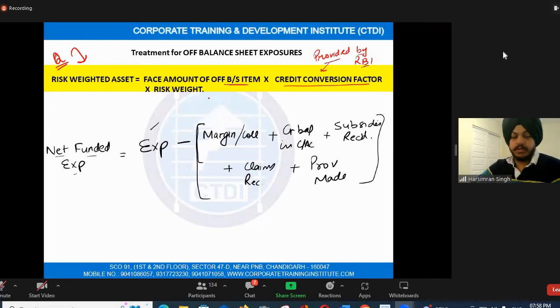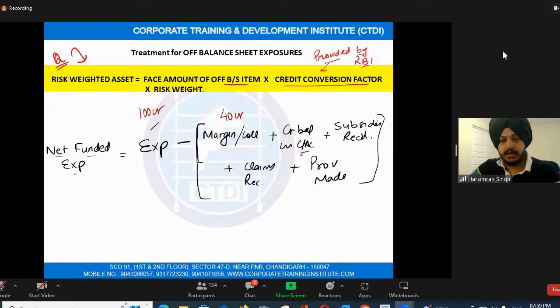Then, what is a net funded exposure? Let us say you have given a loan of 100 crores. Out of this, the borrower has provided you with a collateral of, let us say, 40 crores.